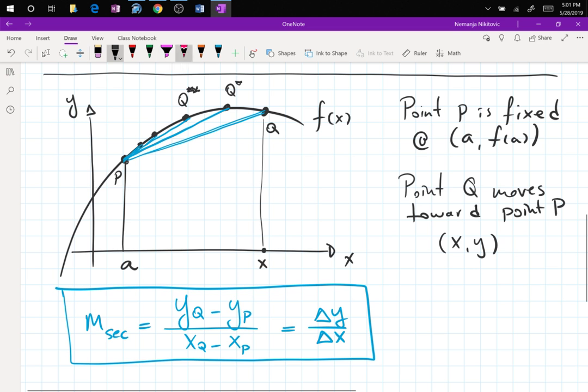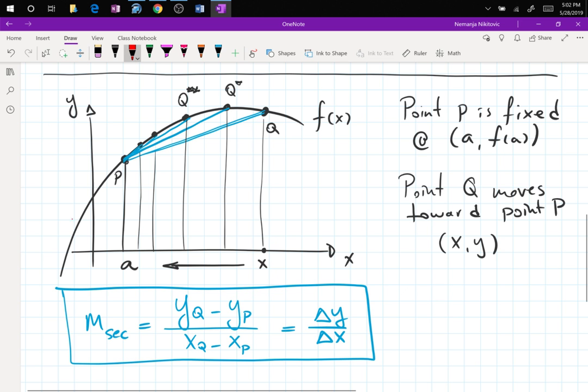And you see that they're corresponding, right, their x values are moving towards A. And we can calculate all of these slopes. We can calculate all of these slopes except when P collides with Q.